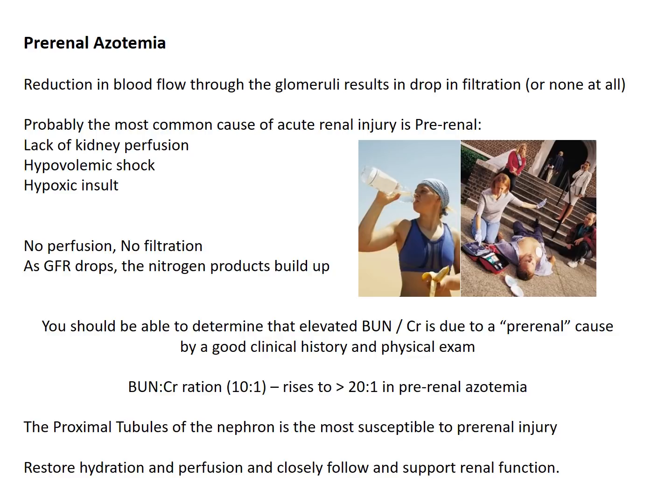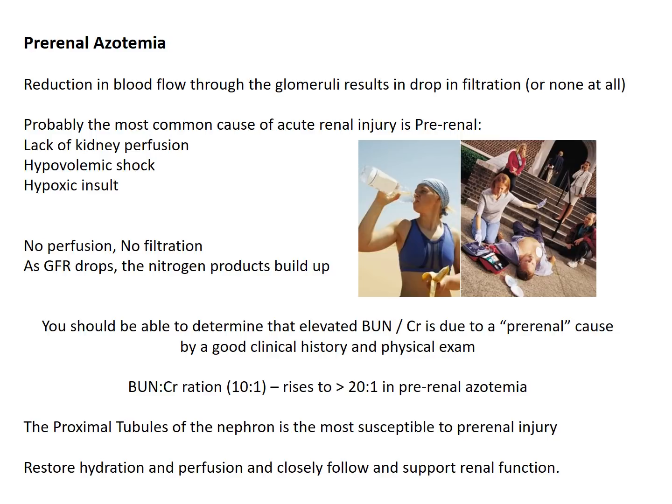If you're not perfusing your kidney, you're not filtering, and when you're not filtering, your BUN and creatinine go up because you're unable to filter out the nitrogenous waste products. So severe dehydration, hypovolemic shock, hemorrhagic shock, cardiogenic shock, anything causing shock, impaired perfusion of tissue can lead to pre-renal azotemia.